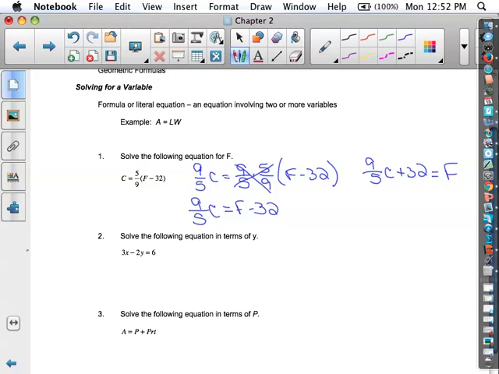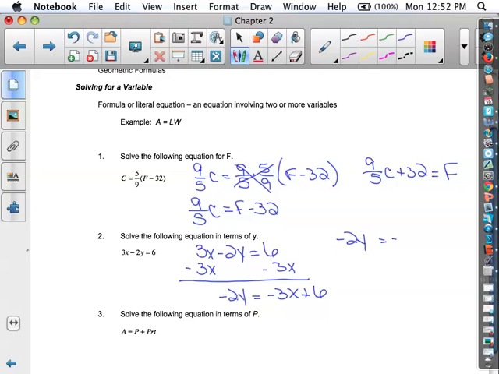This one hopefully looks very familiar to you. You've solved for y many, many times over the last few years. So I have 3x minus 2y equals 6. Again, isolate the term, 2y, that has the variable you're solving for. So I have minus 2y is equal to negative 3x plus 6.